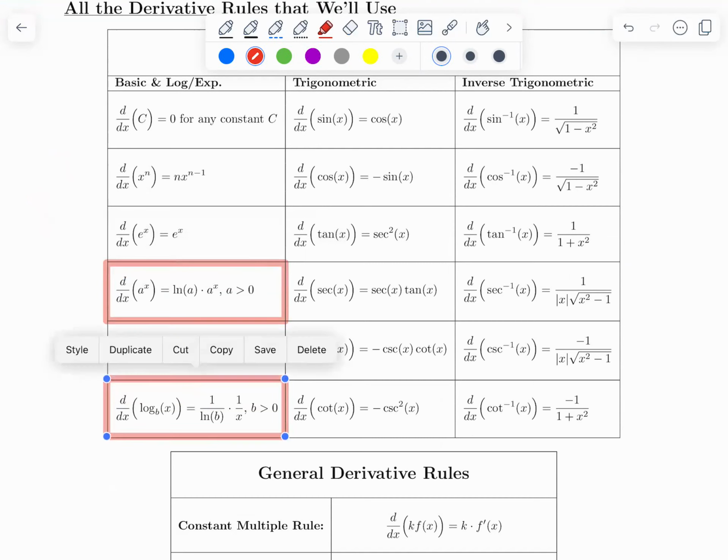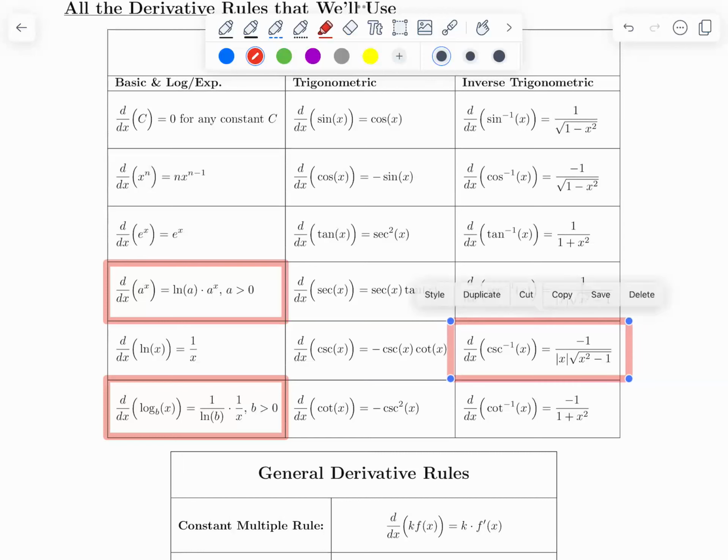That one does not need to be memorized. This one does not need to be memorized. And this one does not need to be memorized. All others are fair game. Let me just make sure. Yes, all others are fair game. So those 4 are the ones that you do not need to have memorized.